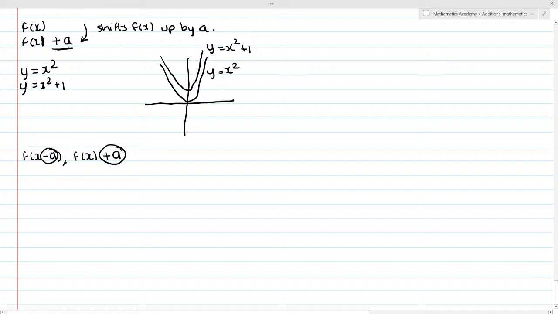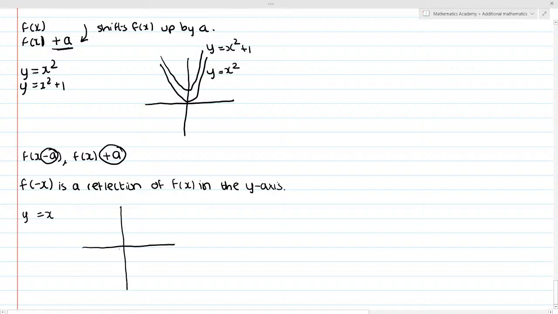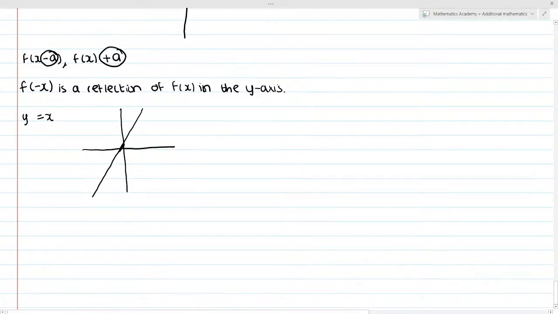Now another one is f of minus x, and what that does is it's a reflection of f of x in the y-axis. So for example, if I have the function y equals x, which is a simple straight line graph, and I replace x with minus x, which is what this is telling me to do, in other words, I have y equals minus x, well then I have the reflection of this in the y-axis.